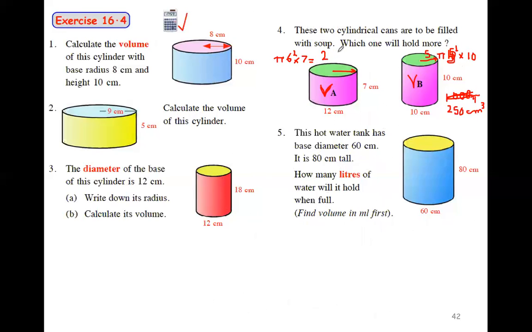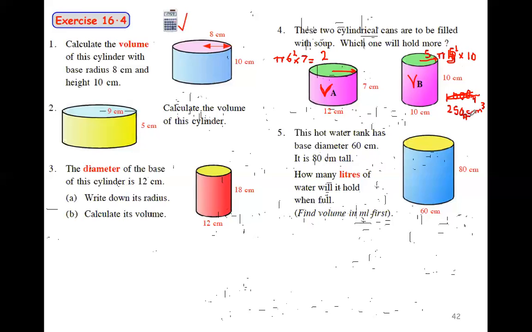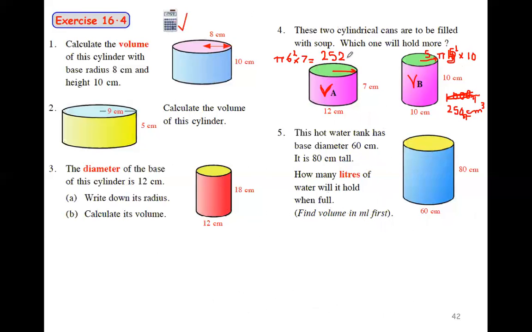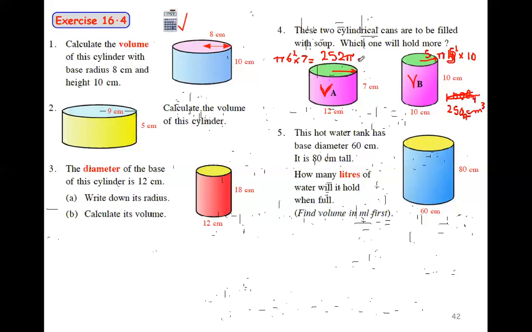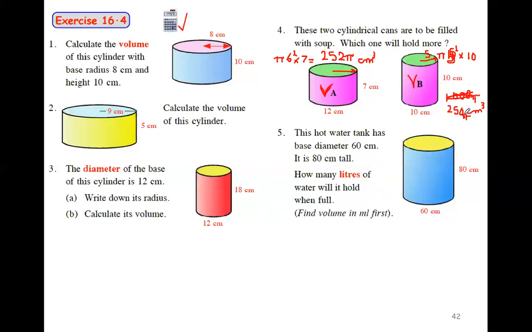So see if you didn't have a calculator. 250 pi, sorry. Obviously for a pi one, can you just put it as 3.14? Because it's 252 pi, we don't even need to calculate. We can just answer the question by saying this is 252 pi, this is 250 pi, which is the biggest.